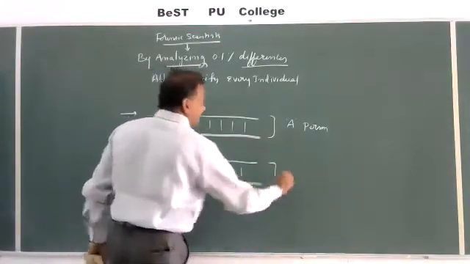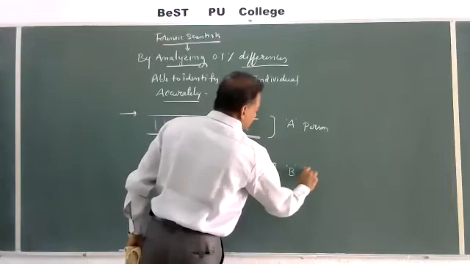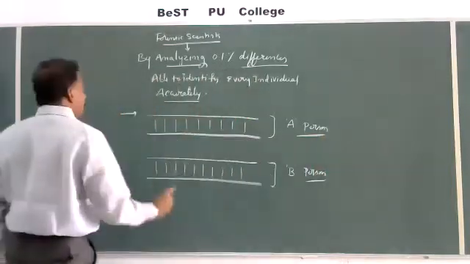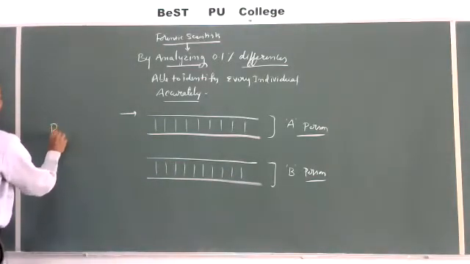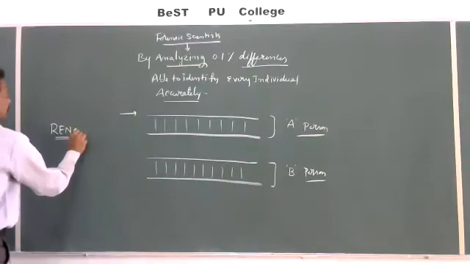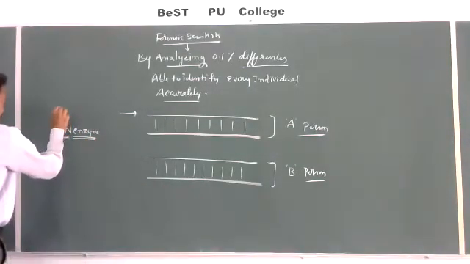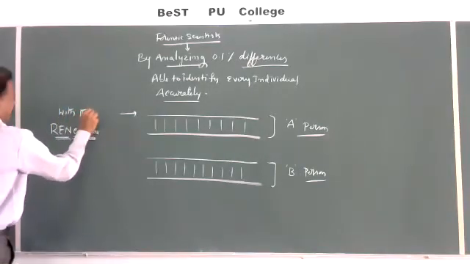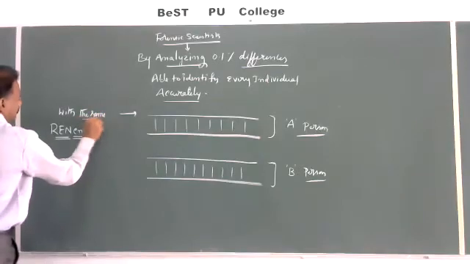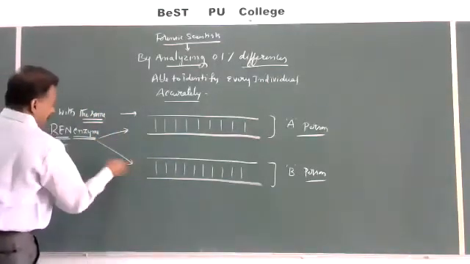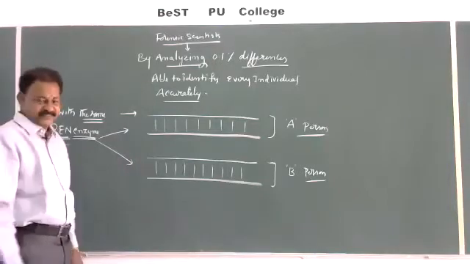When we apply a particular restriction endonuclease enzyme which will cut the DNA, with the same enzyme applied to this and this, it will cut.